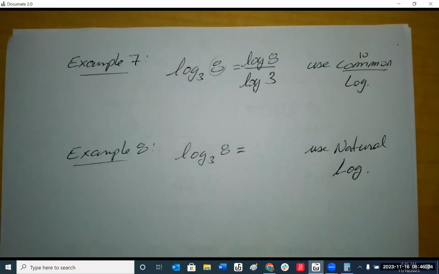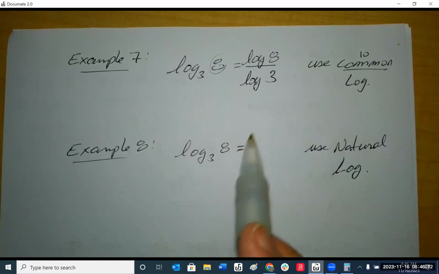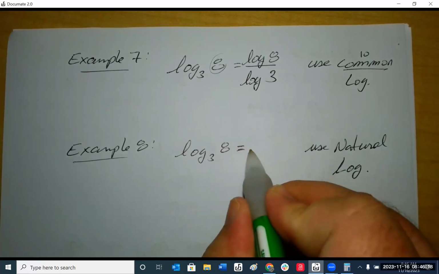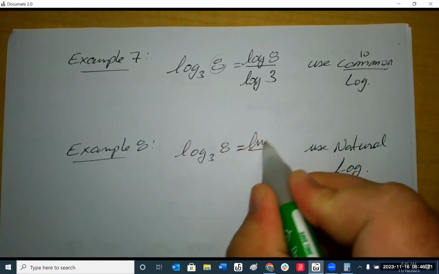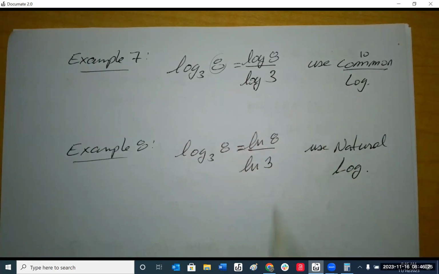There you have it. You just type it in the calculator, log 8 divided by log 3, and hit enter and it gives you the answer. The natural log is ln. So it's ln of 8 over ln of 3, and those are your answers.